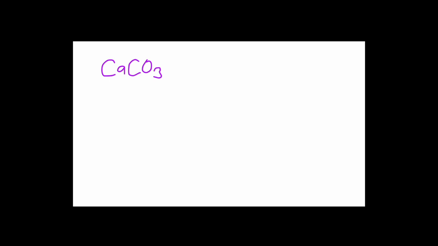Now, how do we find the molar mass of calcium carbonate? Remember, guys, we said the symbol for molar mass is presented like that in capital letters, and then we say equals. We count the number of calcium atoms in calcium carbonate. You find that we just have one atom of calcium, so we say 1 times the atomic mass of calcium, which is 40.